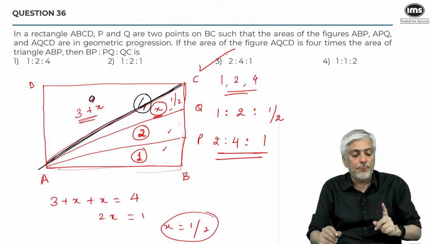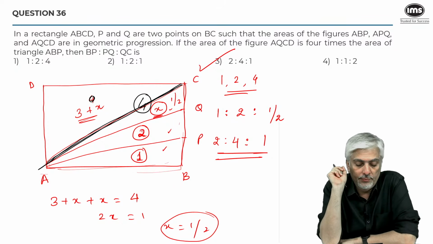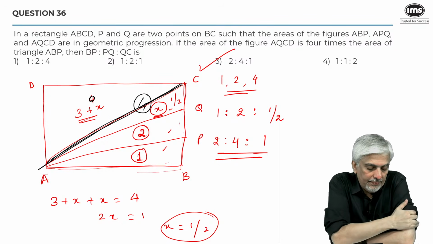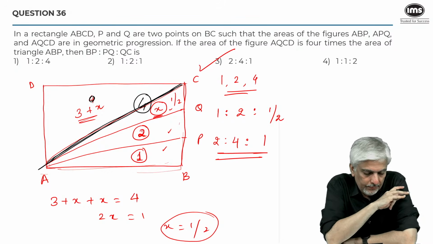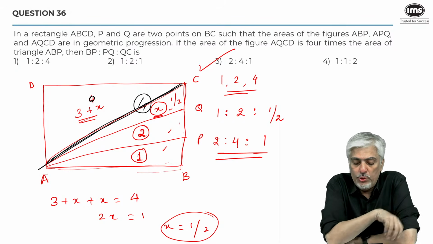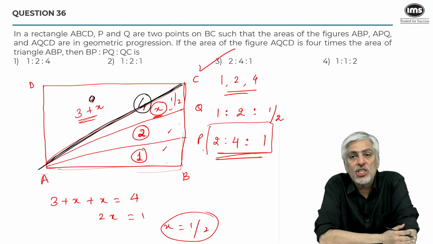A very simple question. I was seeing in the chats, a lot of people got it wrong. Check properly where you all made a mistake. Everybody check properly. I want everybody to get this question. This was more of a ratio question and a GP question.